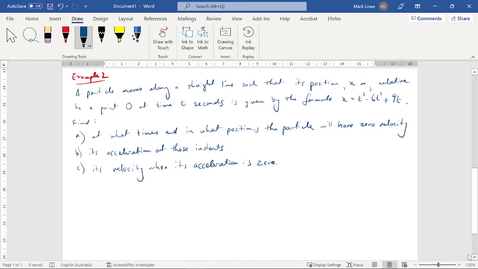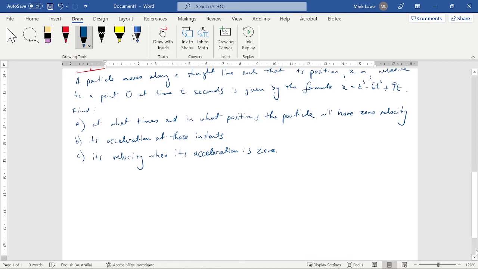Okay, so we've got our rule there for the position, x with respect to time. We want to find at what times and what positions the particle will have zero velocity. So the first thing we need is a rule that describes the velocity.